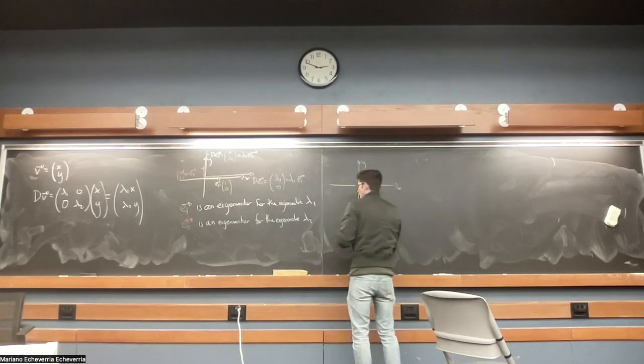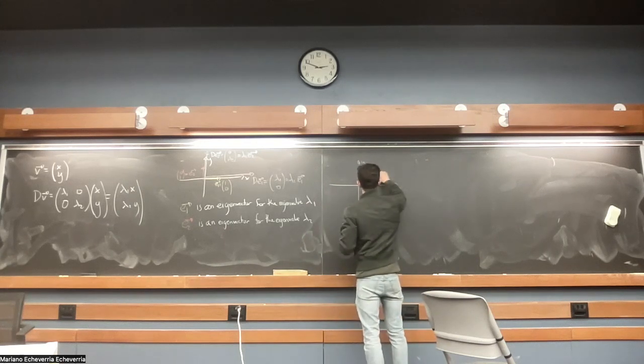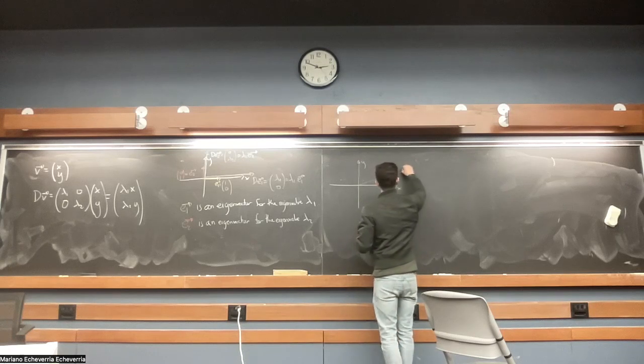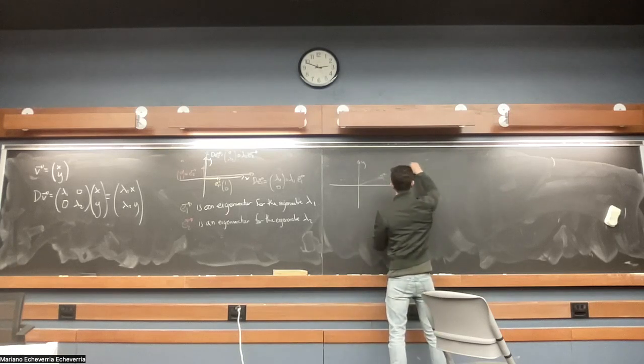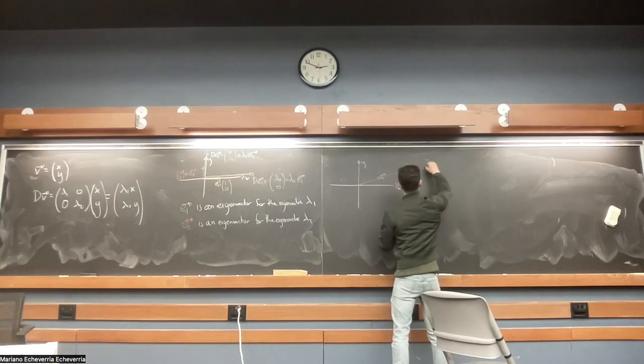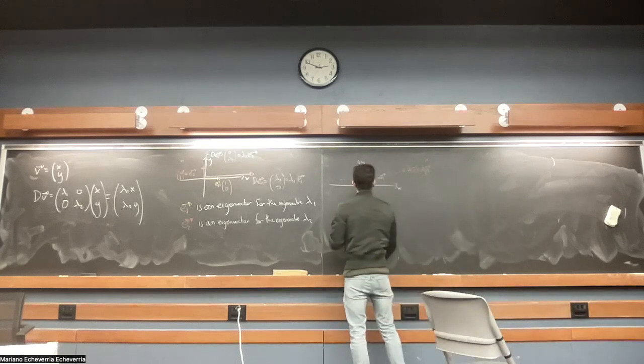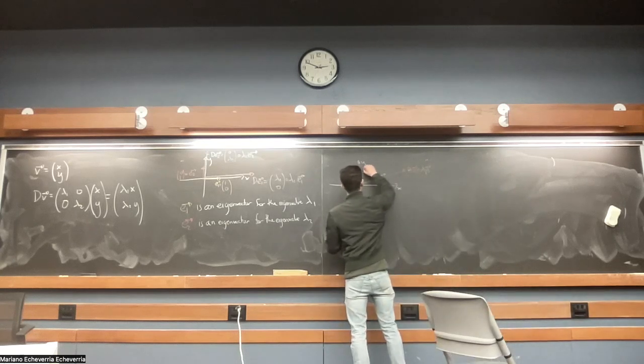A matrix will be called diagonalizable if the following happens. You have a vector v1, which is an eigenvector, and a vector v2, which is an eigenvector also.